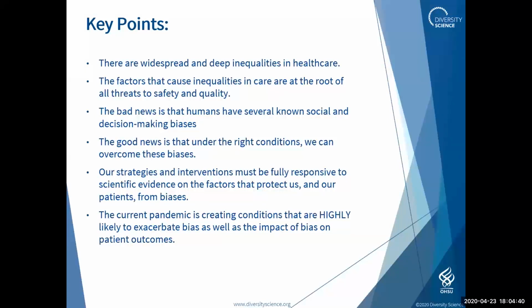So the bad news for us is that we do have several known social and decision-making biases that we evolved. Our brains evolved in a way that was presumably adaptive when we were in small groups as a species of people who were very much like us, but is considerably less adaptive in our current world.